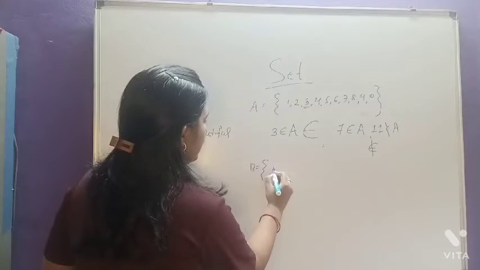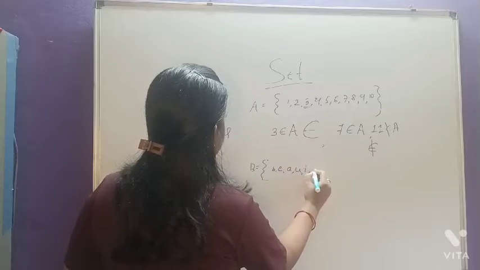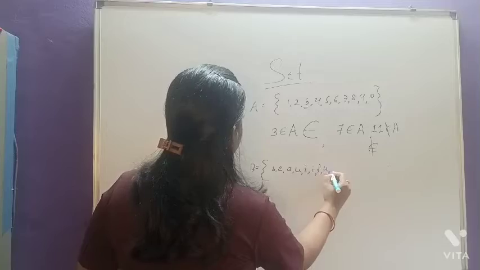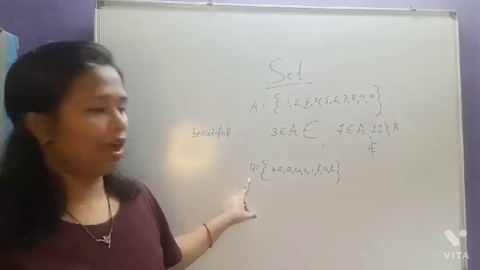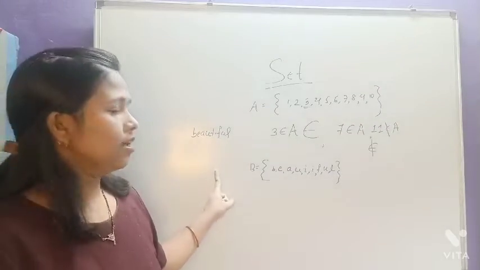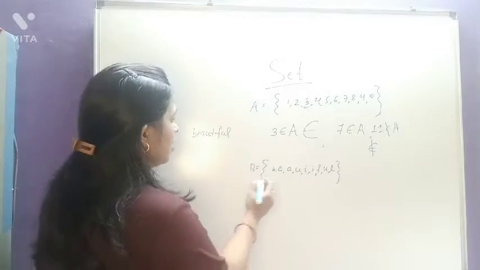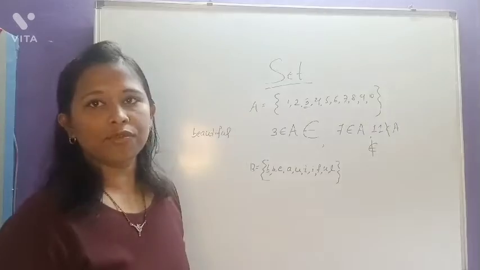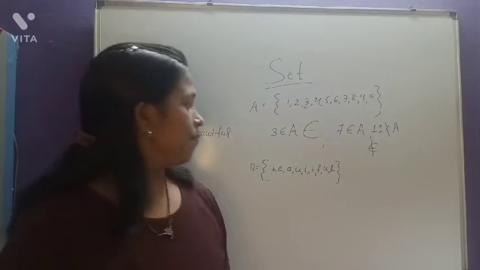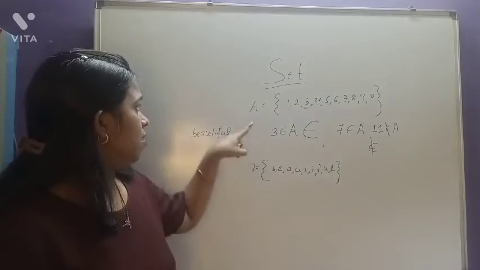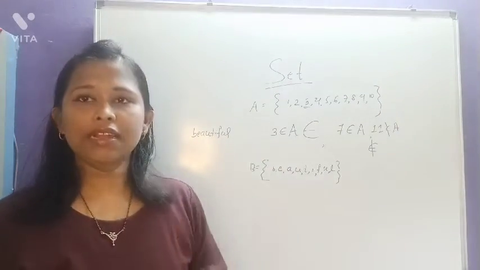So I am writing B, E, A, U, T, I, F, U and L. These are the elements of the set B now, and in a set we have to avoid repetition. I can't write B 2 times. More than 1 time we don't take. Repetition we should avoid. So these are just the fundamentals of a set, how to represent a set.